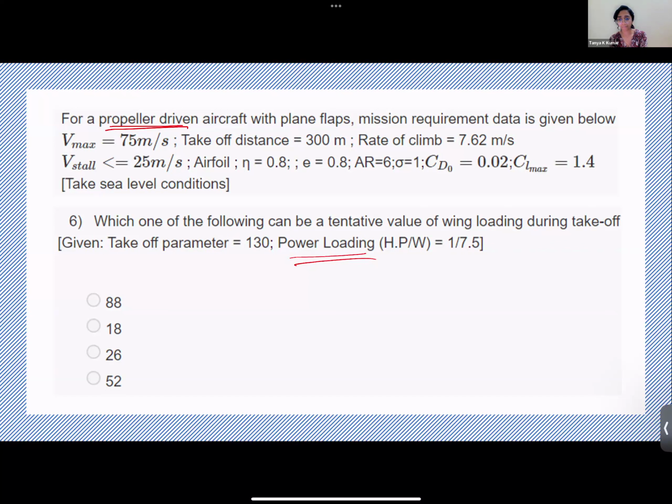Takeoff parameter equation was W upon S directly proportional to wing loading, and you had the sigma, you had CL takeoff, it was thrust loading, you can just use power loading here. So it will be HP.